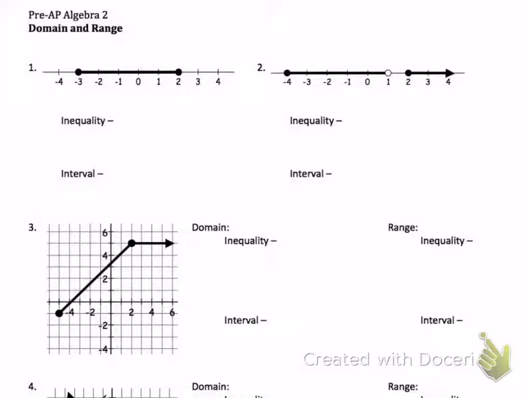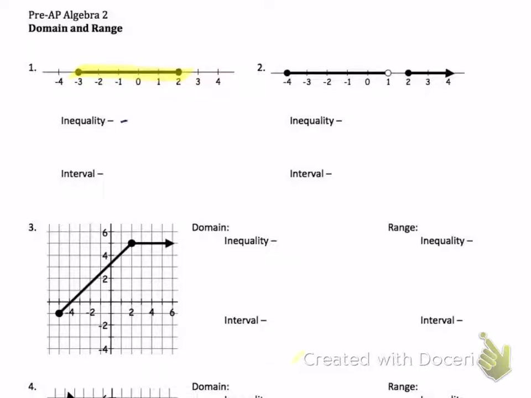So for inequality, I usually take a highlighter, which you might want to see if there's any in the little cubbies or things, or if you have two different colors, that usually helps me for domain and range. For inequality, this is on the x-axis, so we're going to say that x is our variable. And it's between two numbers, -3 and 2.